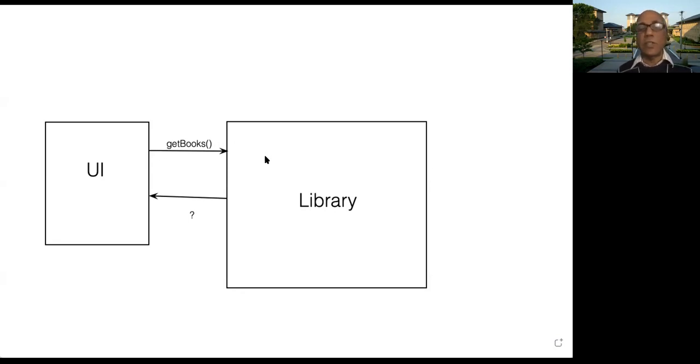It sends a request to the library. What should the library do? If it sends an iterator to all the books, the UI can, in theory, take each book and do something with those books.